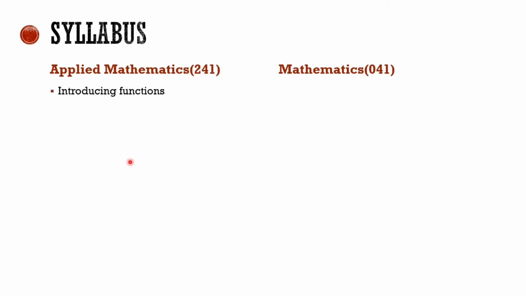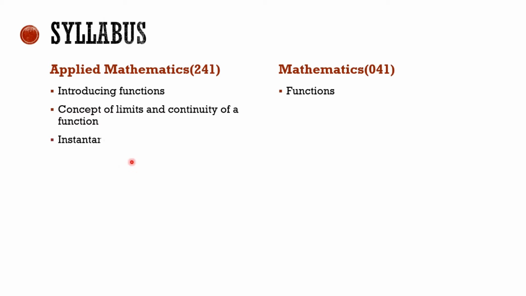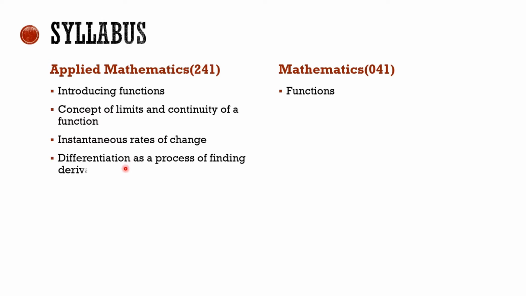Now next, third, functions are given in applied mathematics and functions are also in mathematics. Concept of limits and continuity of function, rate of change, that is derivative, differentiation, is given in applied mathematics.